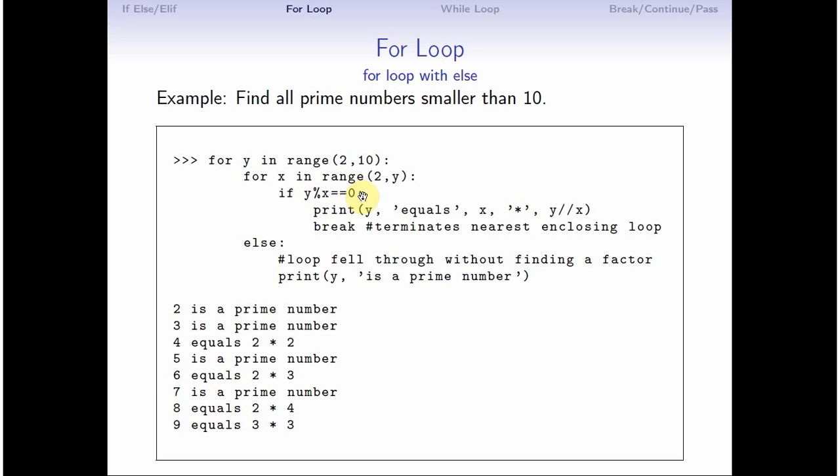It's not equal to 0. So this one you cannot fulfill, and you go to the else. That's why 3 is a prime number.